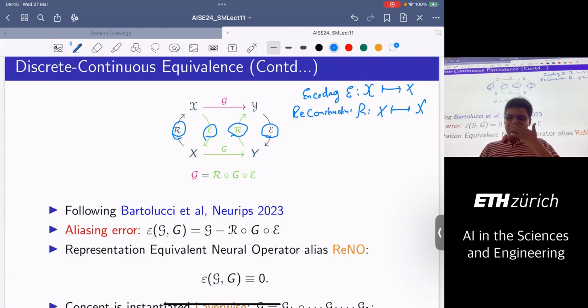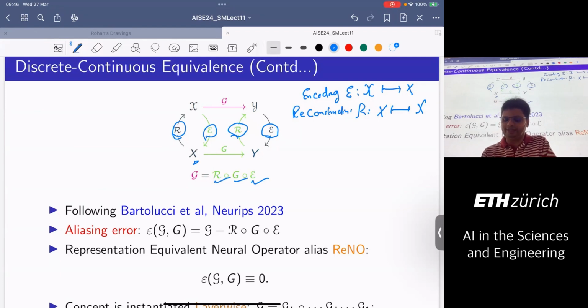So now the point is that the continuous and the discrete can be related to each other in a particular manner. If you think of it, now focus, this was a mapping between X and Y. One way to realize this mapping is I go from calligraphic X to X, that's from the continuous to discrete with E. So I do this. Then I do my work here, G, and then I go back again by using this guy here, R, right?